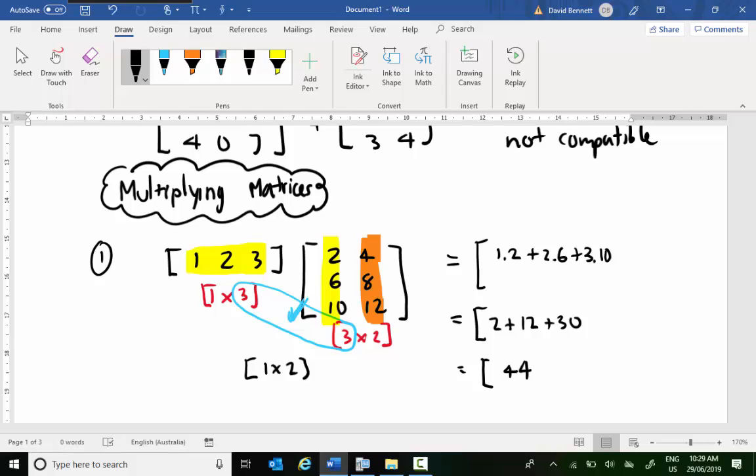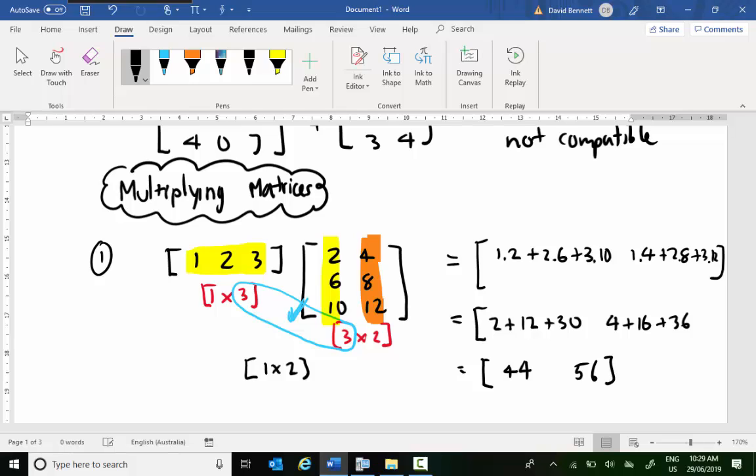It's 1 times 4. Remember, you don't have to write the step. Plus 2 times 8. Plus 3 times 12. Then that's 4 plus 16 plus 36. So it's 20 plus 36, which is going to be 56.